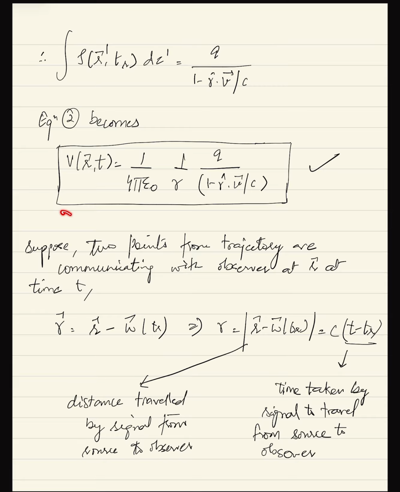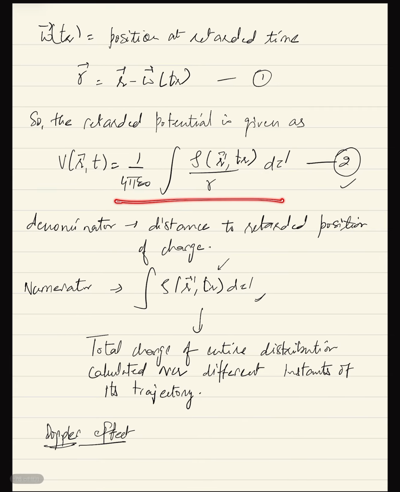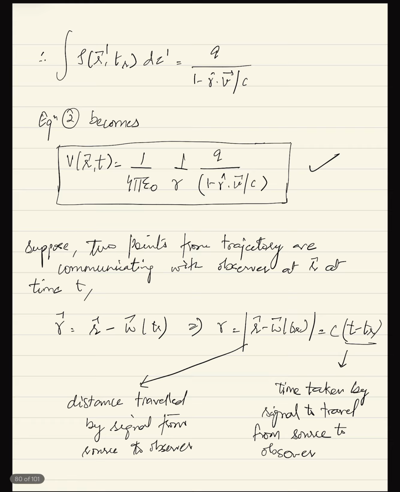Just check in this integration: this 𝓇 depends on the position vector r, which is independent of primed coordinates, and w, the position vector, which is again independent of the primed coordinate, and this is the integration with respect to the primed coordinate. So you can take it out of the integration and treat it as constant. Okay, so we have done the same here.